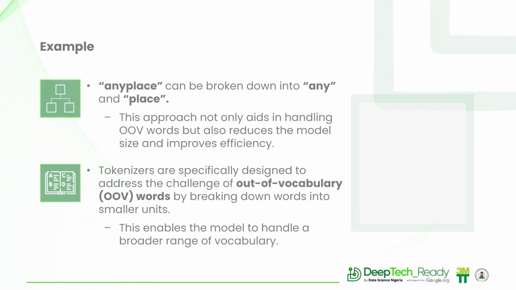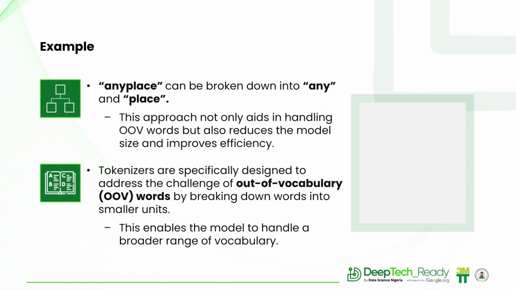For example, let's look at the word anyplace. Anyplace is a single word. So as opposed to splitting it into characters, and of course, because there is no space here, we don't want to split into words. So we can break this particular word into any and place.